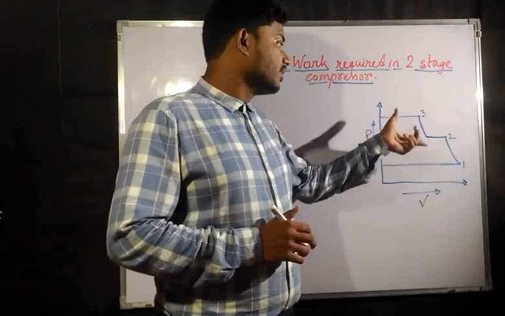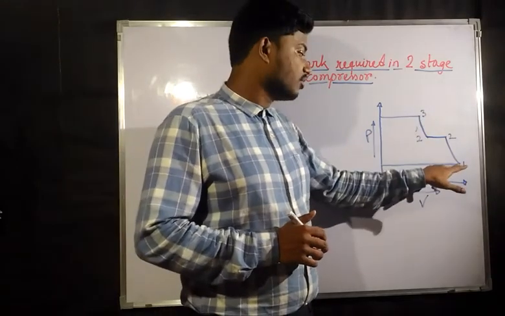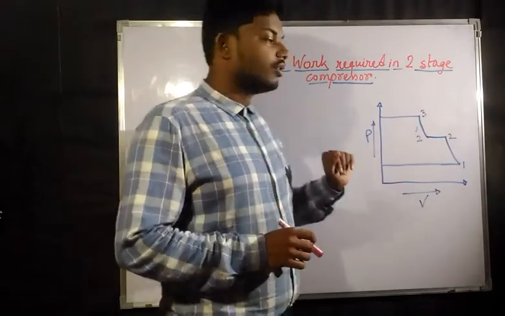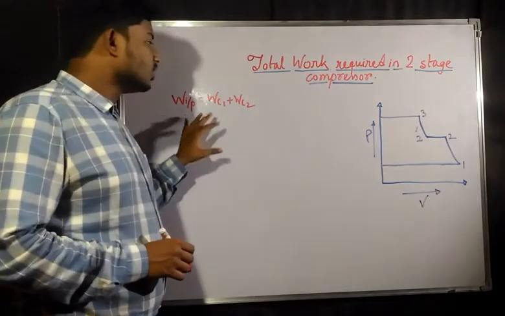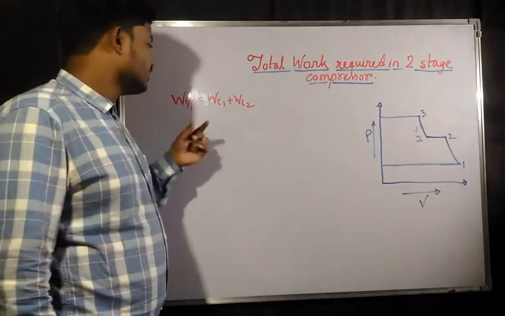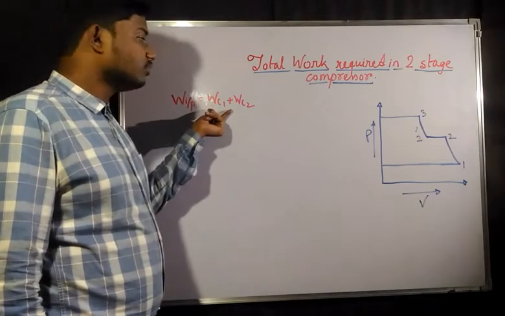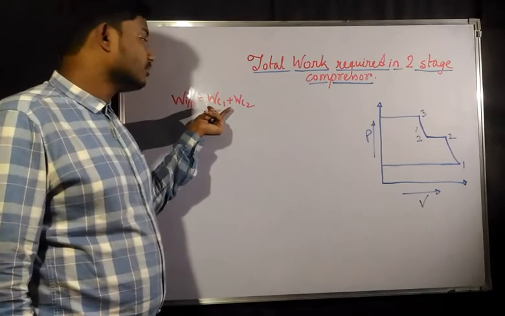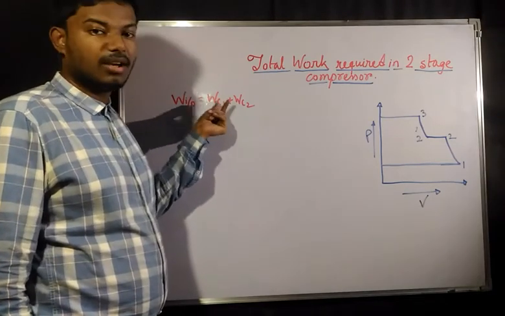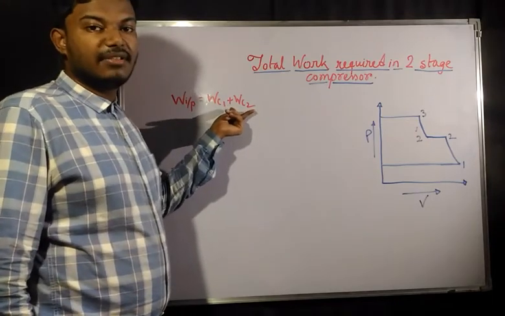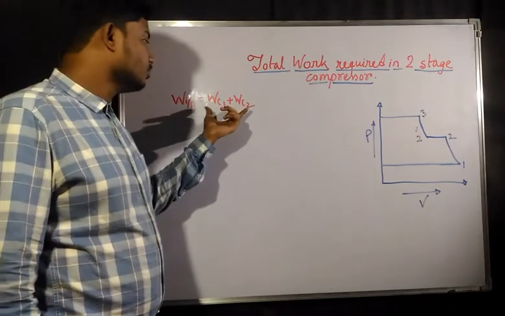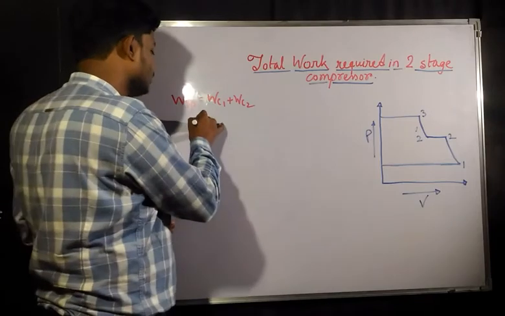So two compressors have helped us in compressing from pressure 1 to pressure 3. The total work input required is the work given to compressor 1 plus the work given to compressor 2.